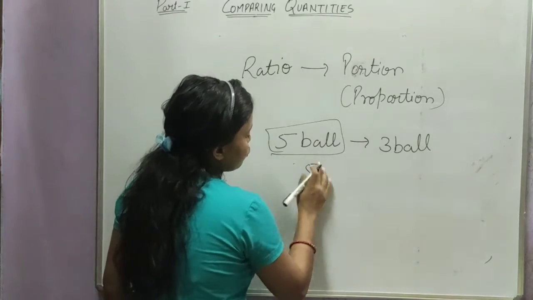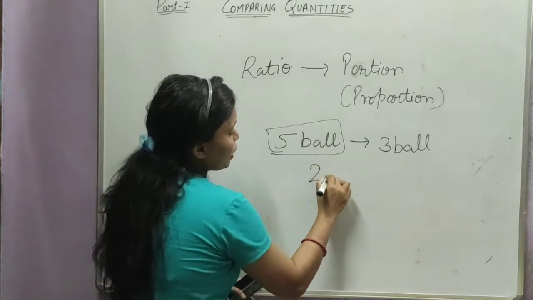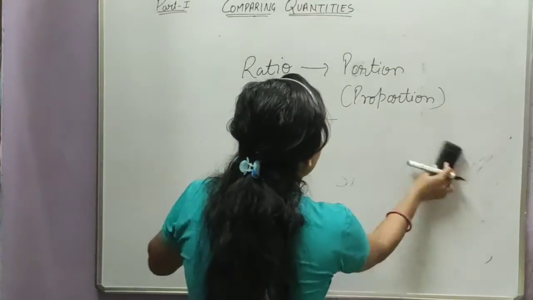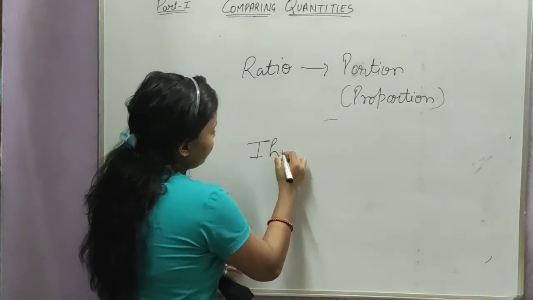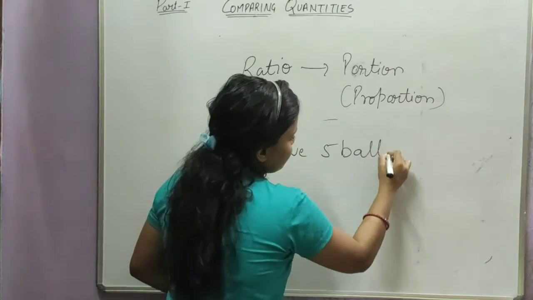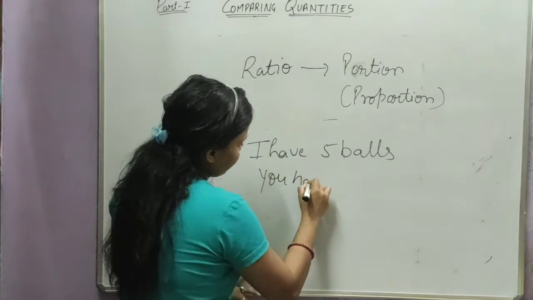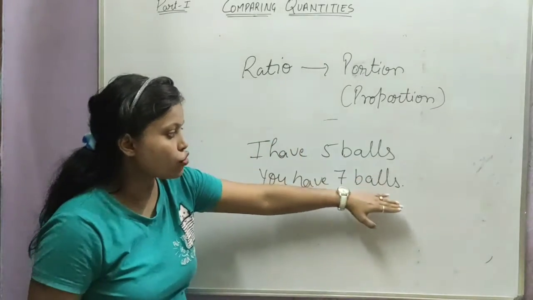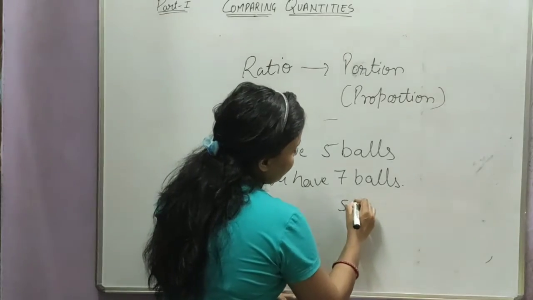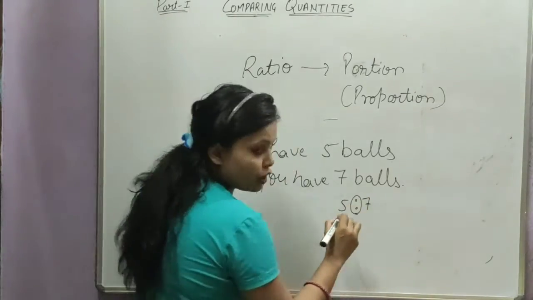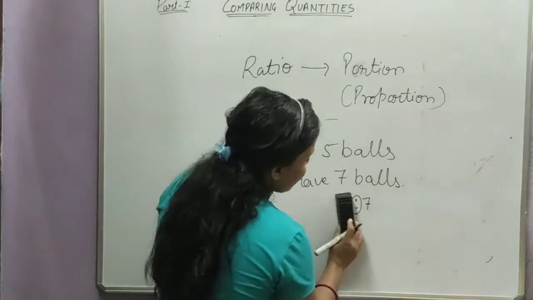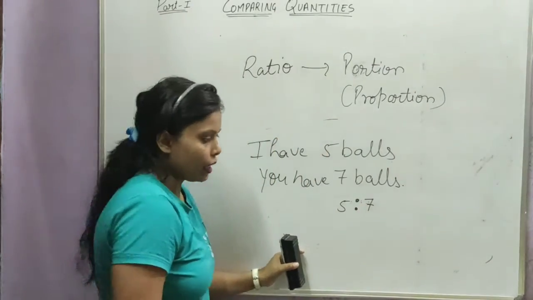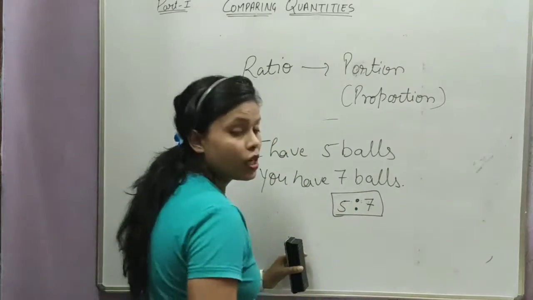Ratio will be 5, sorry, but I have left 2. 2 ratio 3. Okay. If I say I have 5 balls and you have 7 balls. So what is the ratio of these two? Ratio will be 5 ratio 7. This is the symbol for the ratio. 5 ratio 7, or we can say 5 is to 7. Ratio is also read as is to. Okay. So the ratio will be 5 ratio 7.